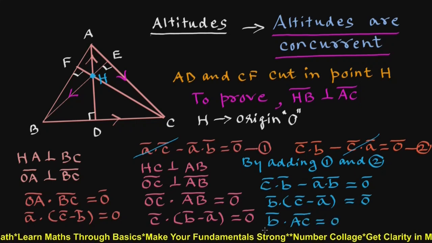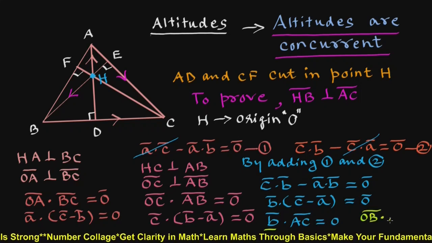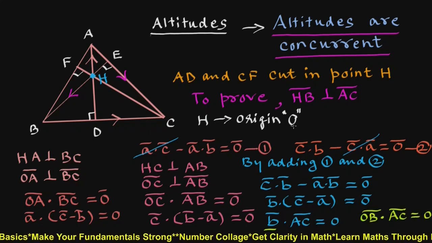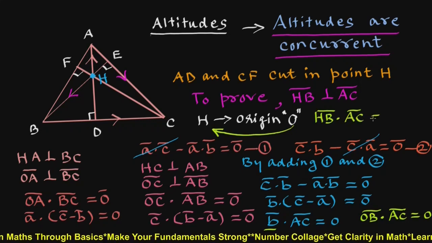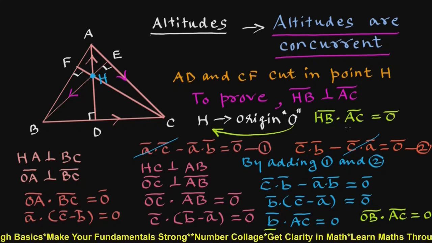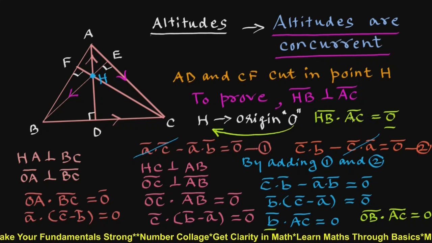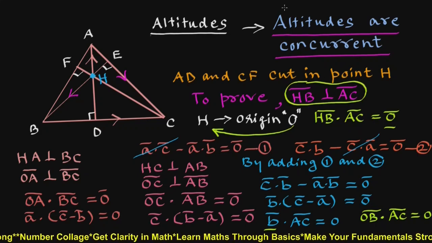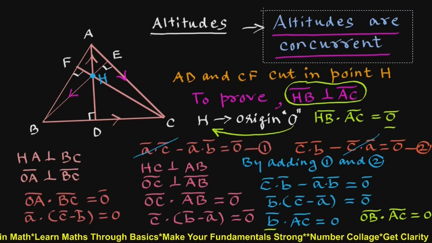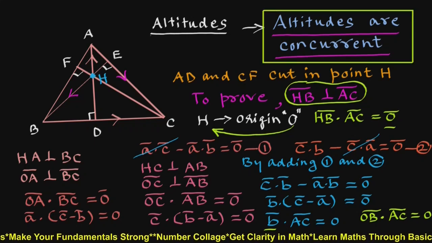Now B bar is OB bar, dot AC bar equals 0, but O is H, so HB bar dot AC bar is 0, and when the dot product is 0, HB bar is perpendicular to AC bar, as proved. Hence, we can say that altitudes of a triangle are concurrent.